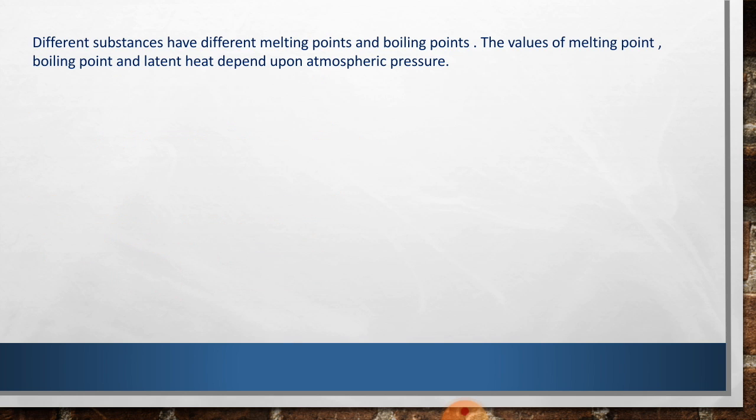Here different substances have different melting points and boiling points. All the substances, their melting point and boiling point is different. And the values of melting point, boiling point and latent heat depend upon atmospheric pressure.